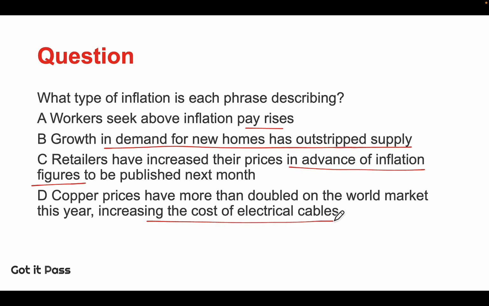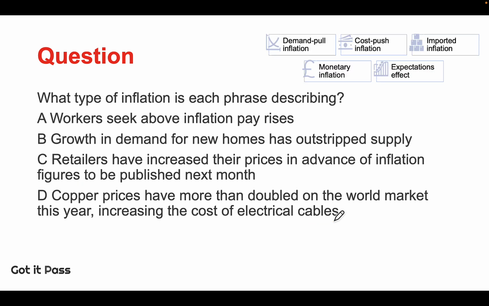So there are the 4 statements, and you remember we have 5 types of inflation. First is demand pull inflation. Second is cost push inflation. And the third is imported inflation. We have monetary inflation and expectation effect. So under these 4 statements, you can name them, it's quite easy. Say like statement B, demand outstrips supply.